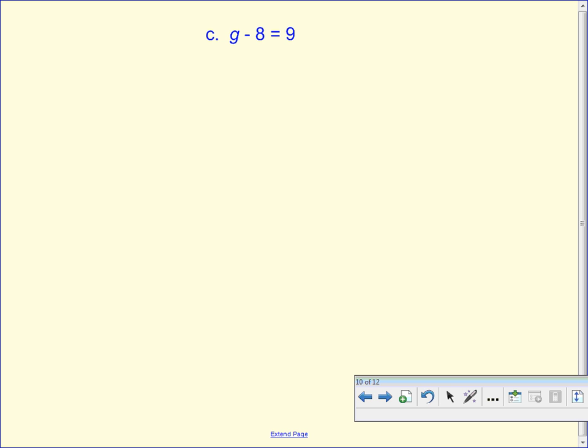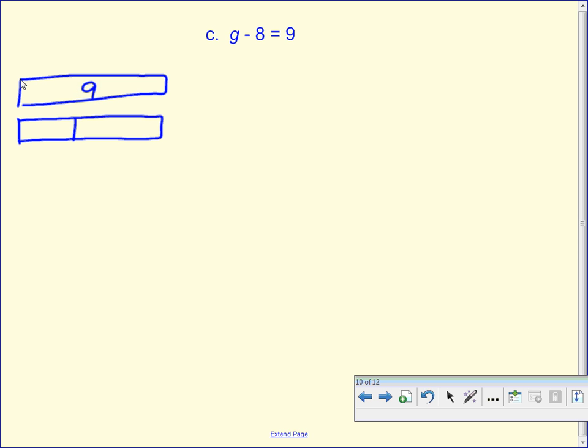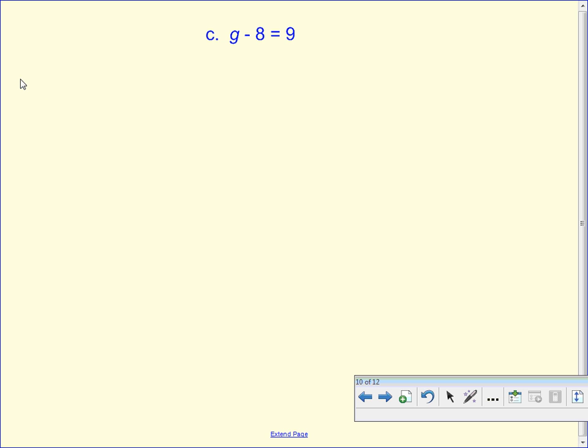Interesting. Okay, so I have a really terrible box that represents 9. So this one is, I thought that was addition. It's subtraction. So I have to draw my better box.